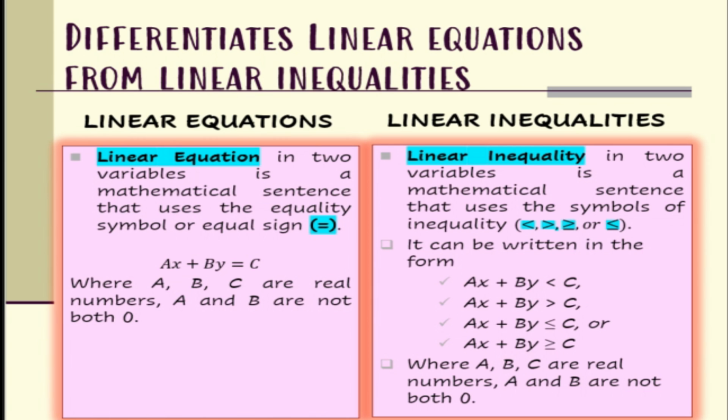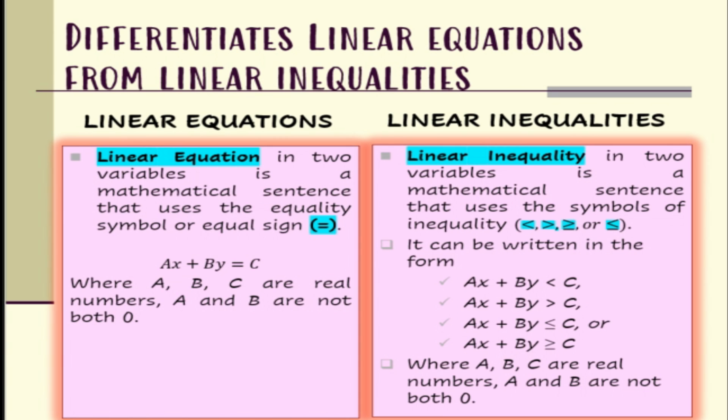While the linear inequality in two variables is a mathematical sentence that uses the symbols of inequality. These are less than, greater than, less than or equal to, or greater than or equal to.